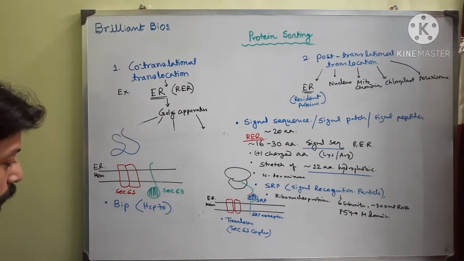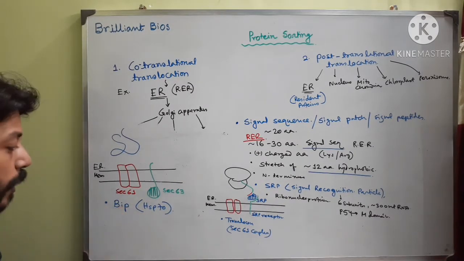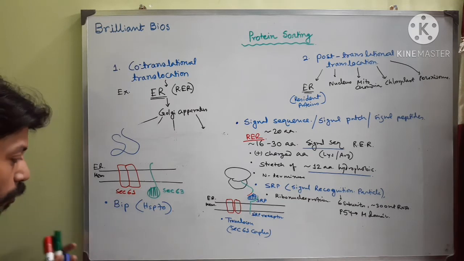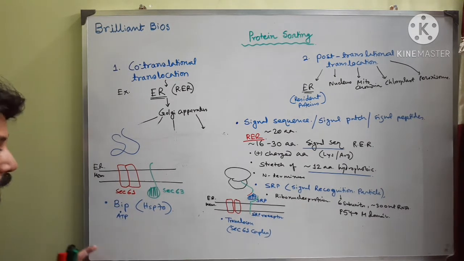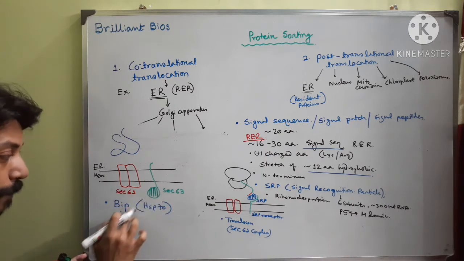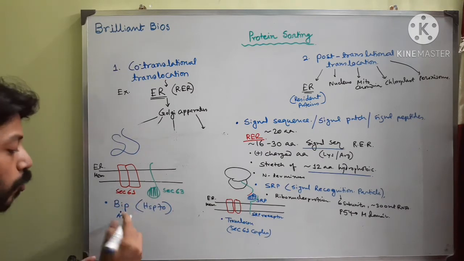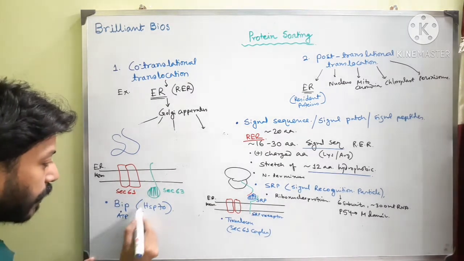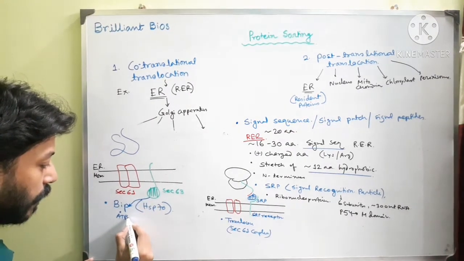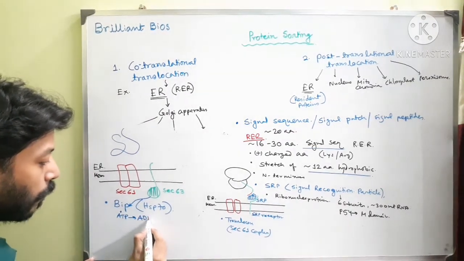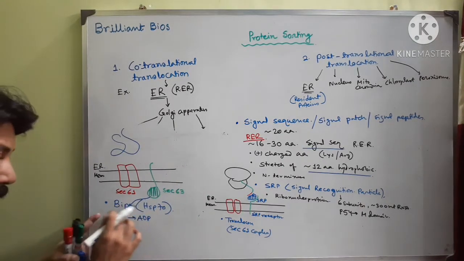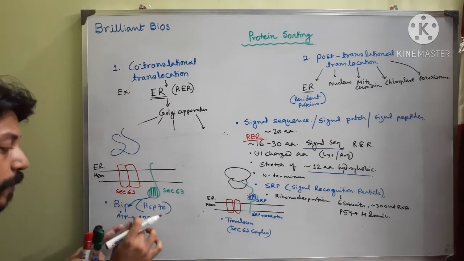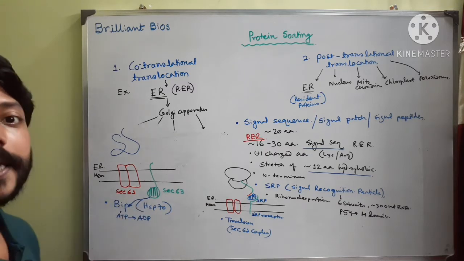Okay, now this BiP protein actually carries some ATP. So it is attached with ATP. And this SEC63 actually can break this ATP into ADP. When this SEC63 protein breaks this ATP into ADP, the conformation of the BiP changes.